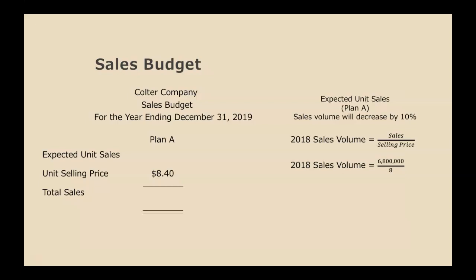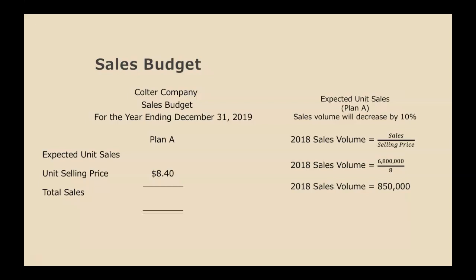And then in the problem, we were also told that our 2018 unit selling price was $8. Because if you recall, we were told that Plan A would increase the unit selling price from $8 up to $8.40. Right? So they snuck that in there as the 2018 unit selling price for us. So when we divide those, we can see that our sales volume from 2018 was 850,000 units.